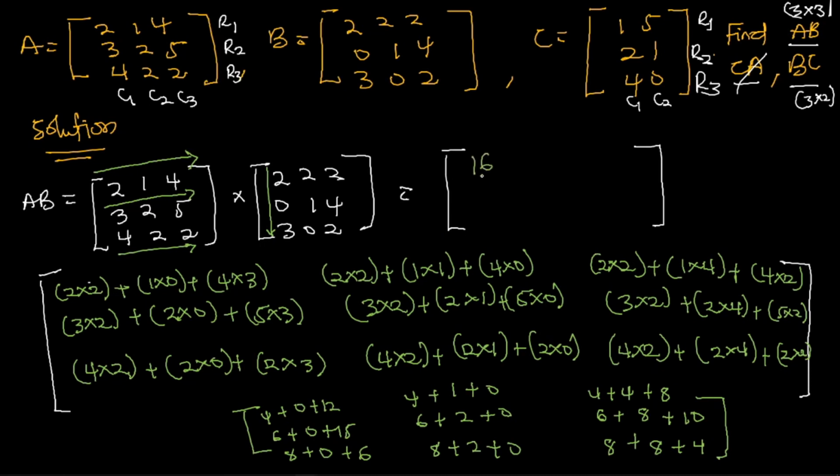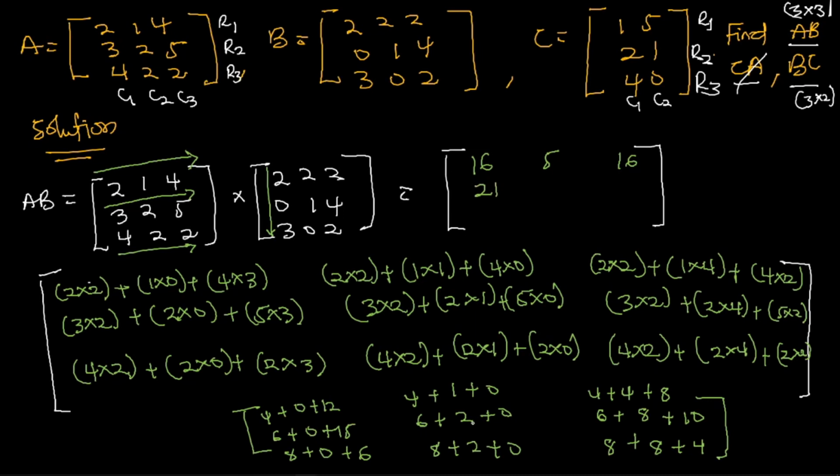So if we add 4 plus 12, that is going to give us 16. So we write the 16 over here. If we add 4 plus 1 plus 0, that is going to give us 5. If we add 4 plus 4 plus 8, that is going to give us 16. If we add 6 plus 0 plus 15, that is going to give us 21.